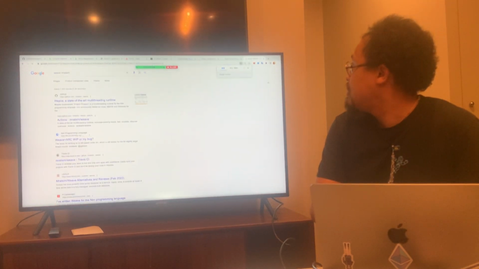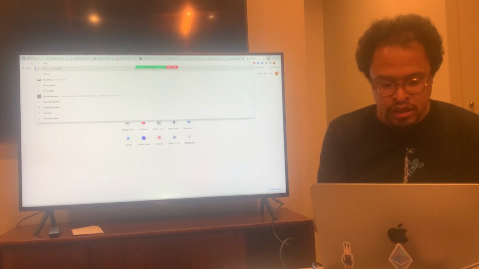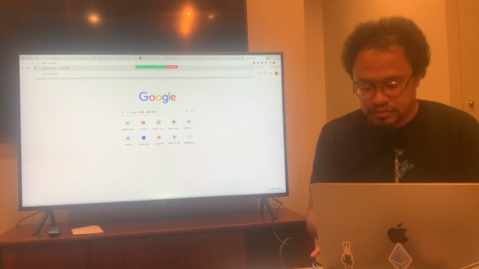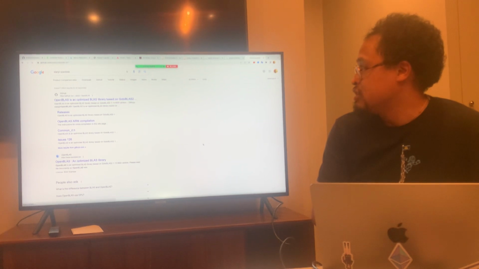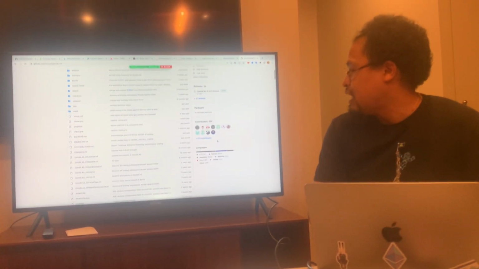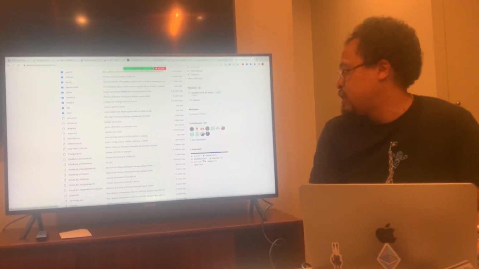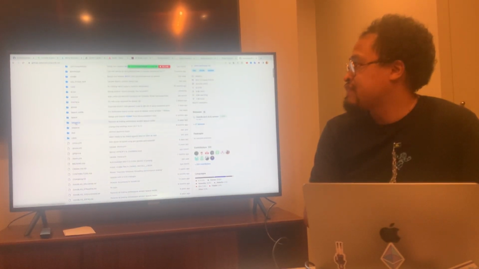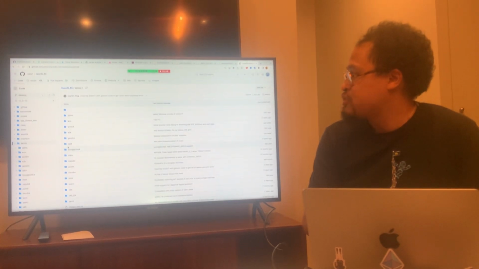OpenBLAS is an optimized library that does matrix multiplication, and I think it's about 16.6% assembly. It's like 5,000 lines of code just for matrix multiplication.